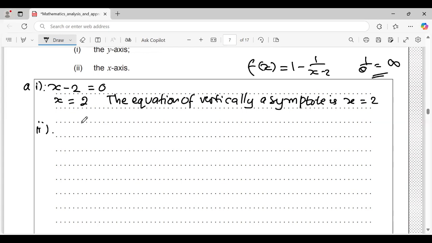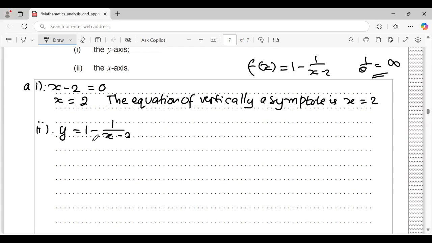The second is the horizontal asymptote. To find the horizontal asymptote, we need to consider x approaching plus infinity and minus infinity. Therefore y equals 1 minus 1 over x minus 2.